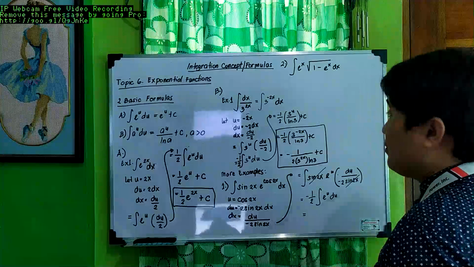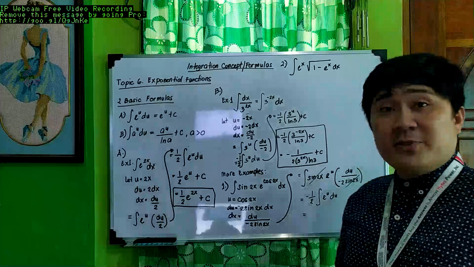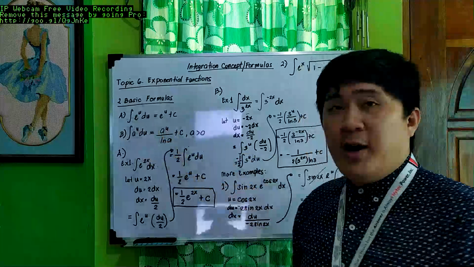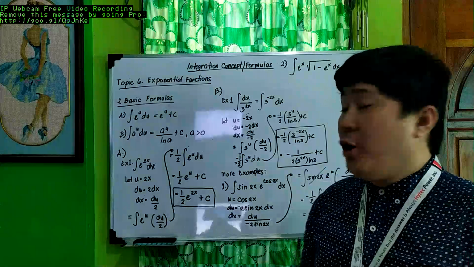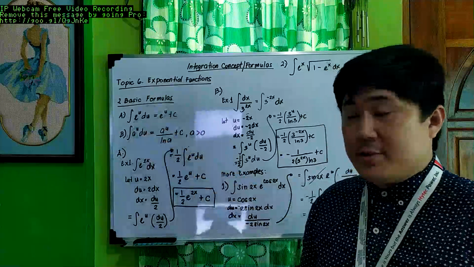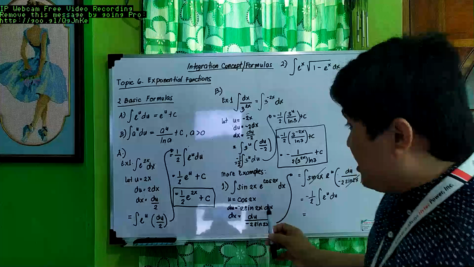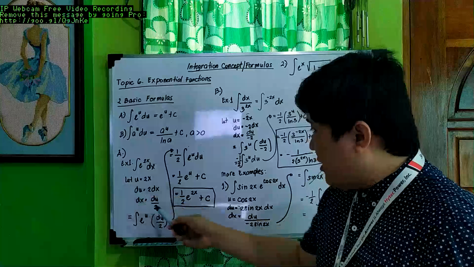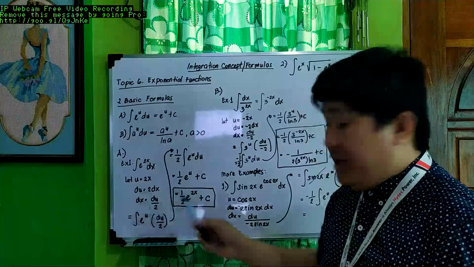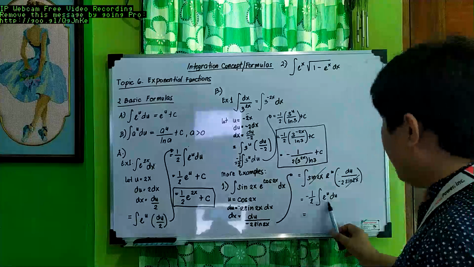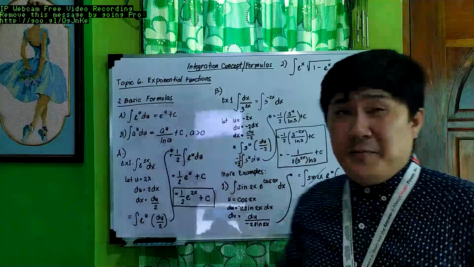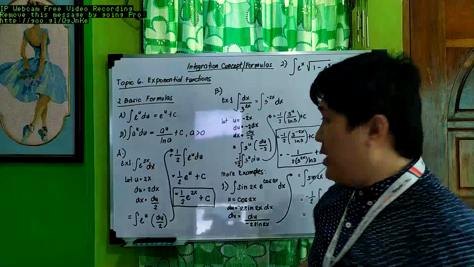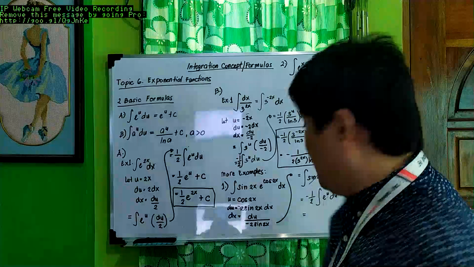If you could see our means of solving it, we always end up with the form of our identities or our basic formulas. So this is the benefit of getting your dx, because you always end up with these identities, and it will make you memorize and understand those identities. Okay?